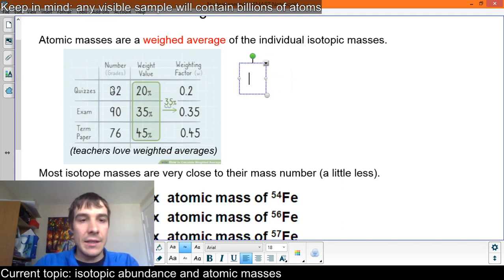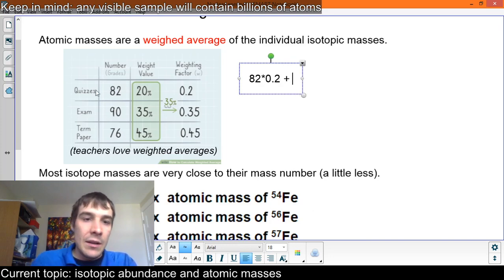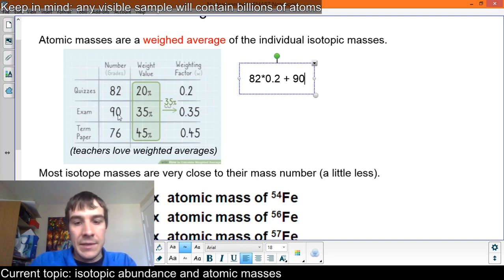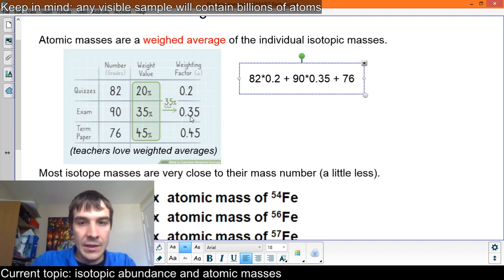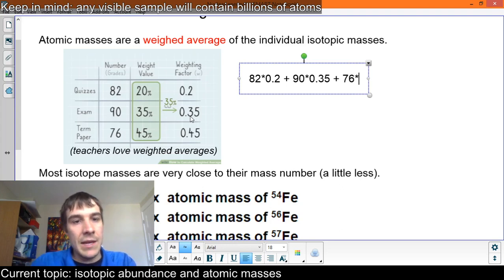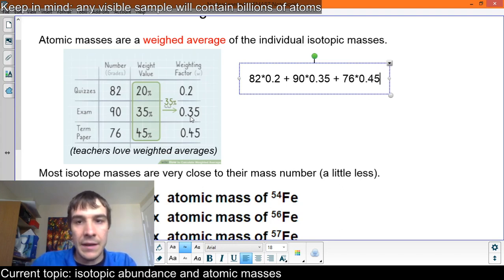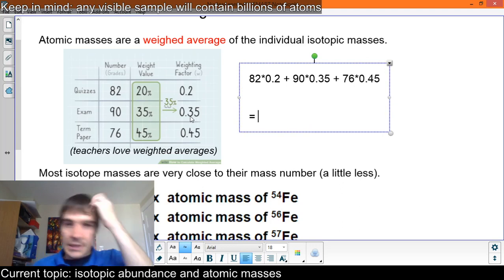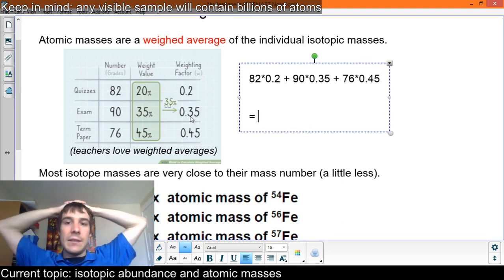And so to calculate this, you would go 82%, right? 82, the mark, times the weighing factor is 0.2. Then we'll add the 90% for the exam, times the weighing factor, 0.35, plus the 76 times the weighing factor of 0.45. So let's run it through our heads for a second. Let's see what we expect.